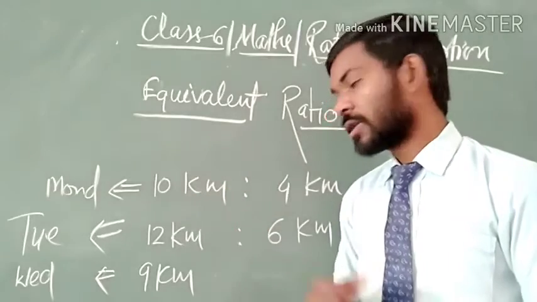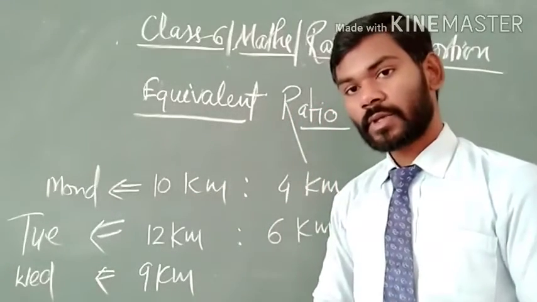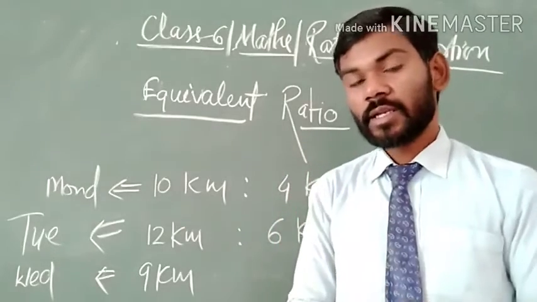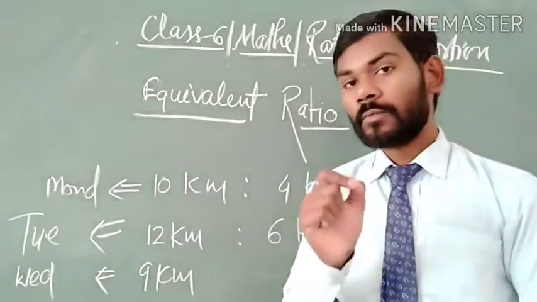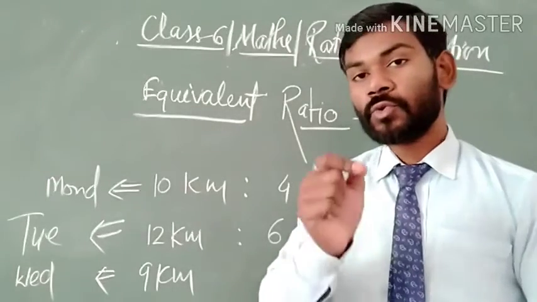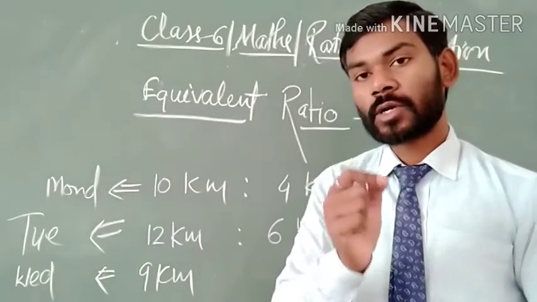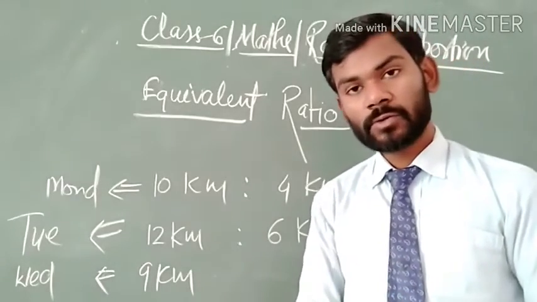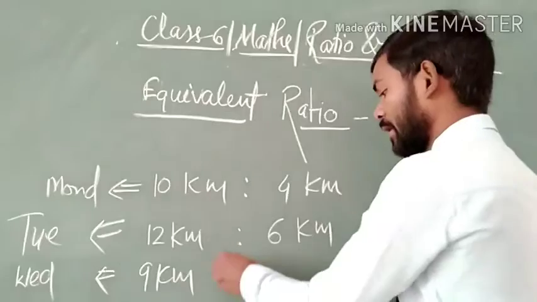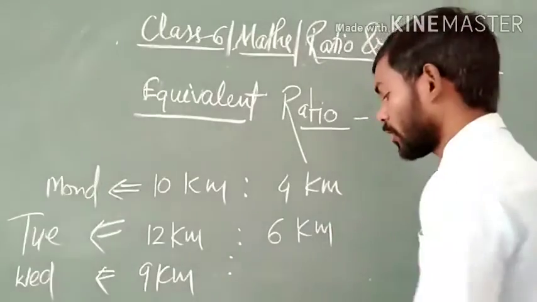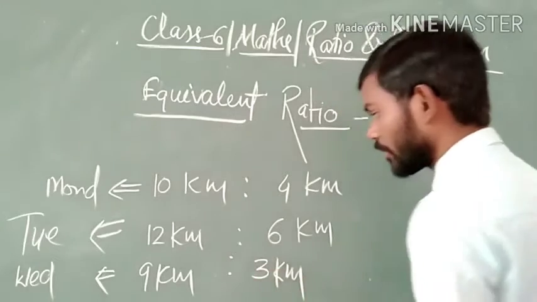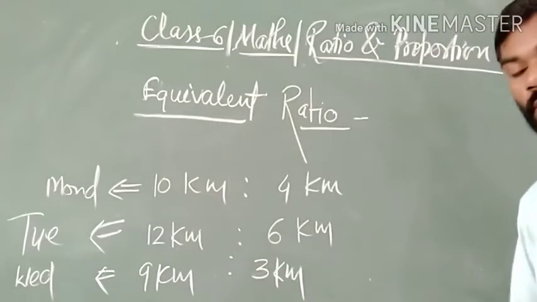You will say 1 kilometer. I run 1 kilometer less in comparison to Monday. Then you have to also run 1 kilometer less in comparison to Monday, and hence you will run on this day only 3 kilometers. Okay, student.